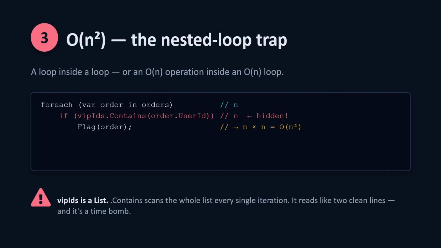The thing is, list contains isn't free. It scans the entire list to find a match, so it is itself O of n. n times n is n squared. It looks like a clean 2-line block. It reads fine in reviews, and it is a time bomb.